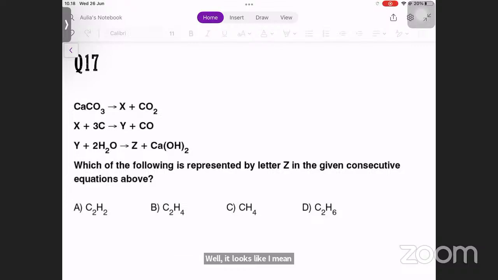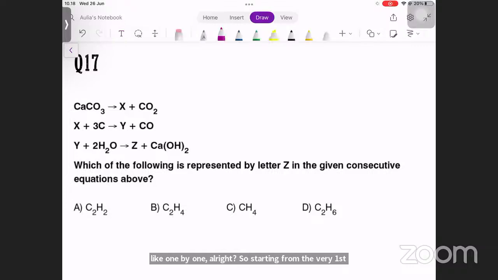The question looks a bit complicated, but actually it is very easy and very simple. You need to solve the equations one by one. All right. So starting from the very first equation, I will just write equation one, equation two, and equation three.